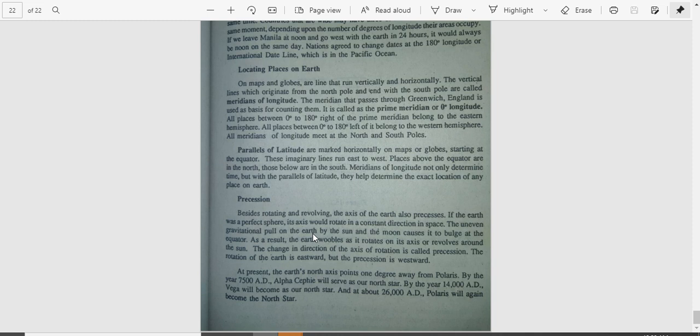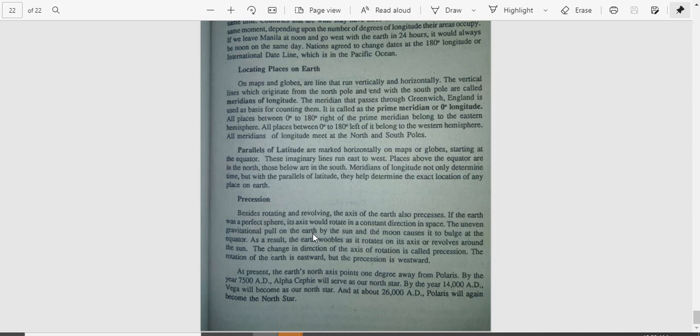All places between 0 to 180 degrees right of the prime meridian, the eastern hemisphere, and all places between 0 to 180 degrees to the left, the western hemisphere, are all meridians of longitude. They meet at the north and south pole.